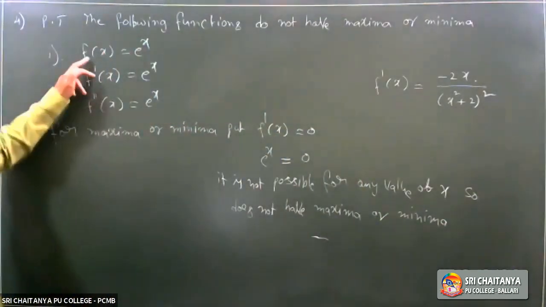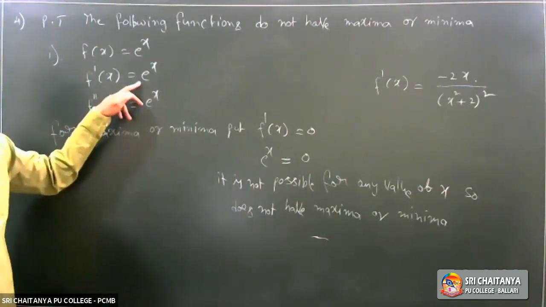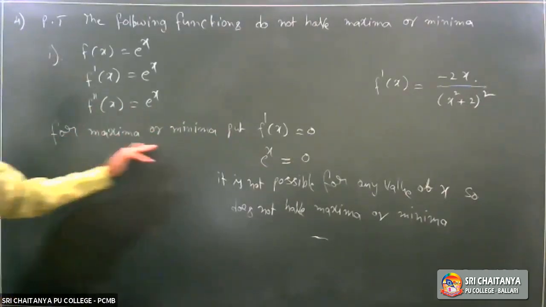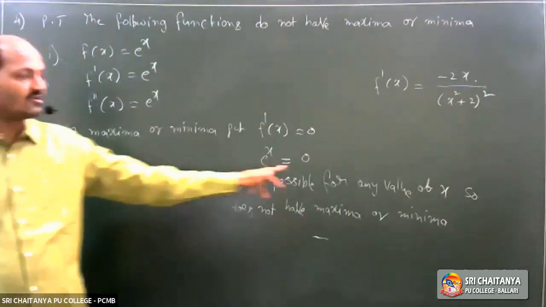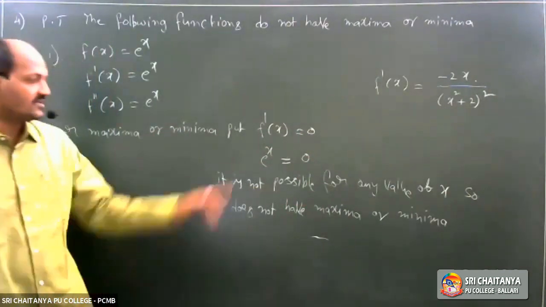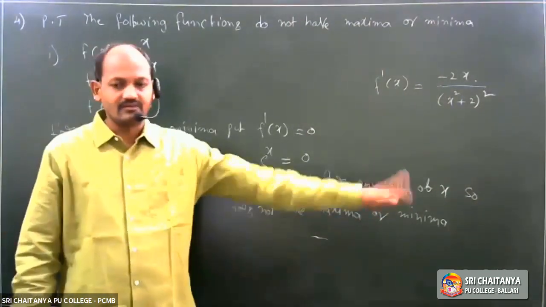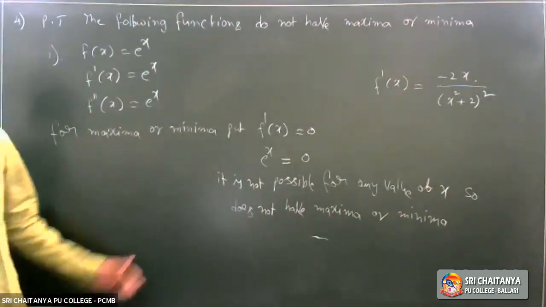The given function is e power x, its derivative is also e power x, and the second order derivative is also e power x. For maxima or minima, consider first derivative equal to 0, that means e power x equal to 0. It is not possible for any value of x. So it does not have maxima or minima. Write down.